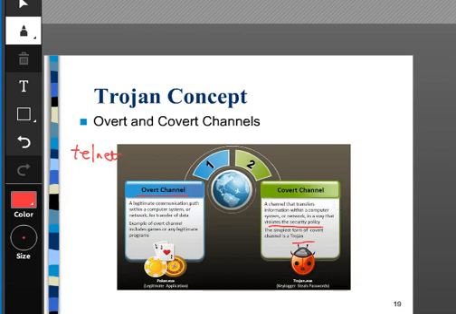One of the best-known ways to do a covert channel is ICMP tunneling. You know, ICMP is an internet protocol. Internet Control Message Protocol.